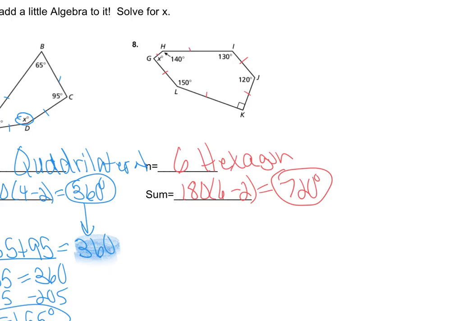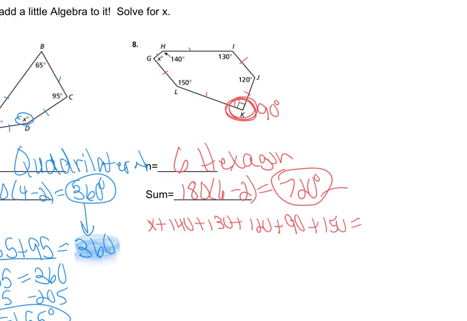So we are going to add all of our angles up, and don't forget this angle right here is 90 degrees just because there's not a number there. There's that little square corner. The little square corner always says 90 degrees. So we're going to add x plus 140 plus 130 plus 120 plus 90, don't forget that one, plus 150, and since it is a hexagon, it is going to equal 720.